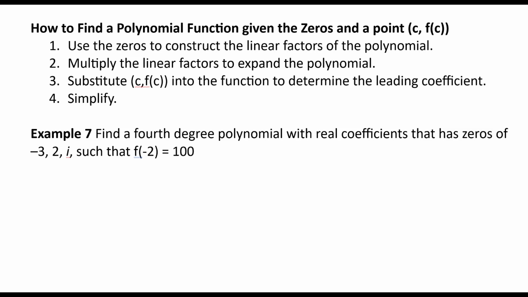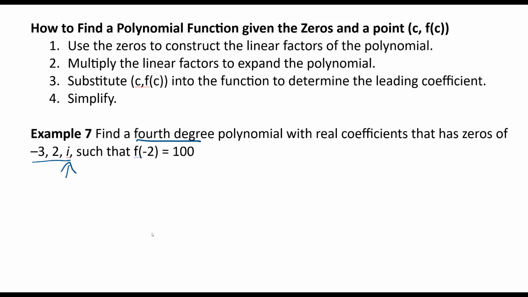So we're going to find a fourth degree polynomial with real coefficients that has zeros of negative 3, positive 2, and i. So when it says fourth degree, and they give us 3 of the zeros, one of which is an imaginary number, its conjugate must be there.